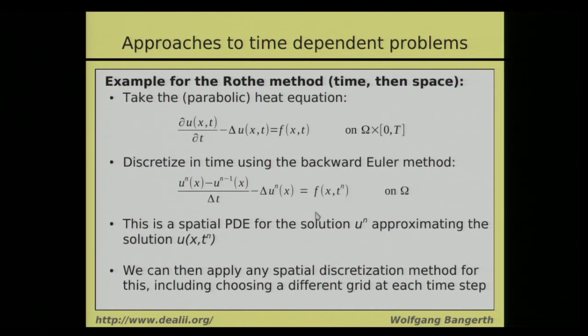Okay, so this gives me a PDE for the solution u^n at time t_n, right? So I already know u^(n-1). I can compute u^n as the solution of this equation, and this is a PDE. I can discretize this PDE at time t_n separately from the previous time steps.